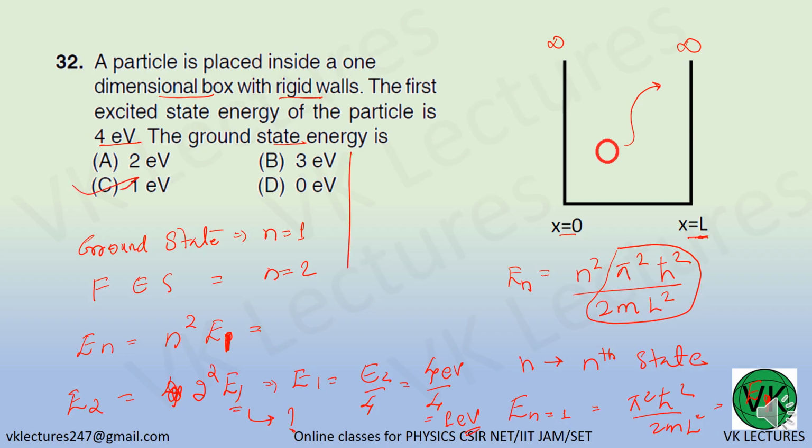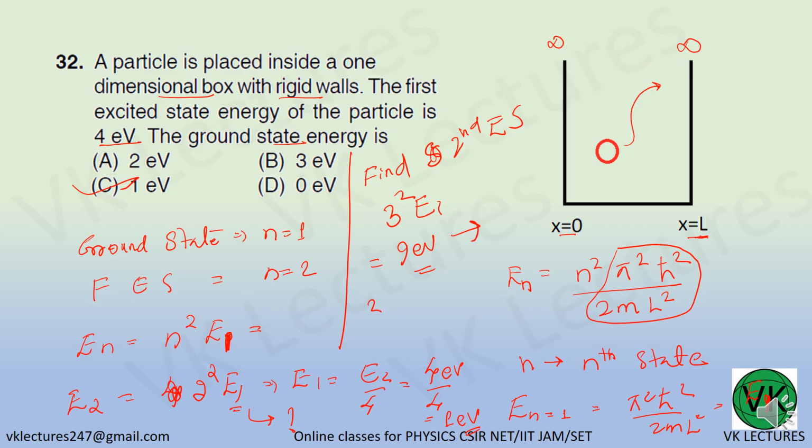Now if the question is to find the second excited state, then what will be your answer? Second excited state is n equal to 3, so 3 square into E1. What is E1? 1 electron volt, so that is 9 electron volt.